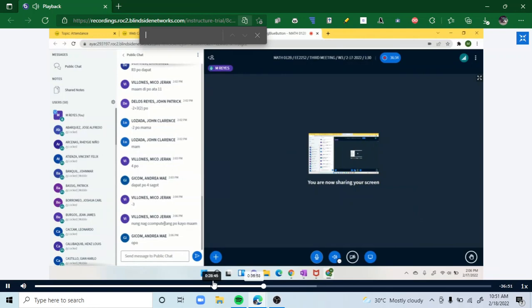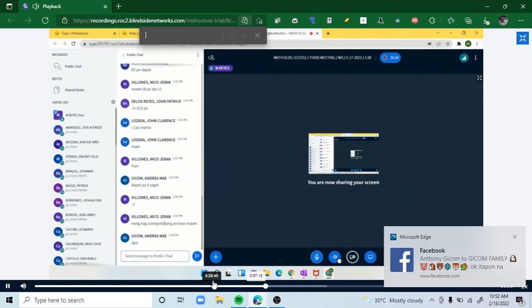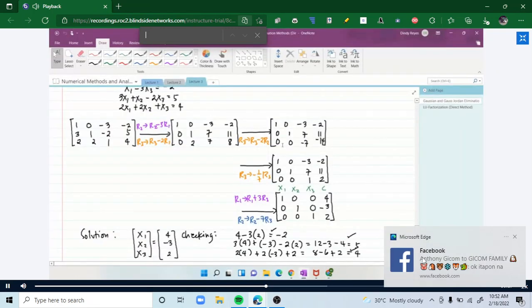Okay, this is another direct method for solving a system of linear equations. Kasi next meeting, I will discuss iterative methods for solving systems of linear equations. Kasi there are cases wherein the solution to the system doesn't contain rational numbers anymore.